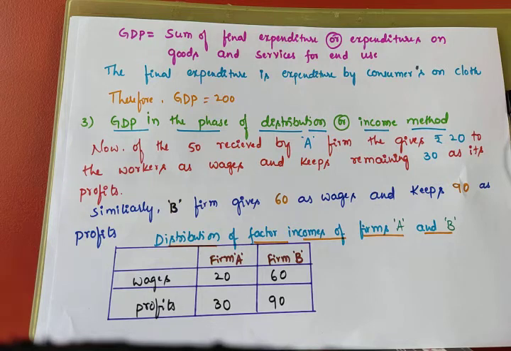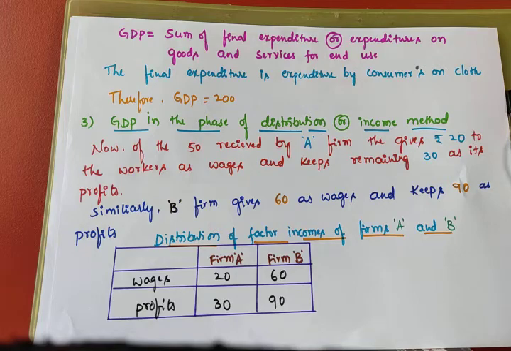That is, adding up rent, wages, interest and profit, that is R plus W plus I plus pi, where R is rent, W wages, I interest, pi profit.